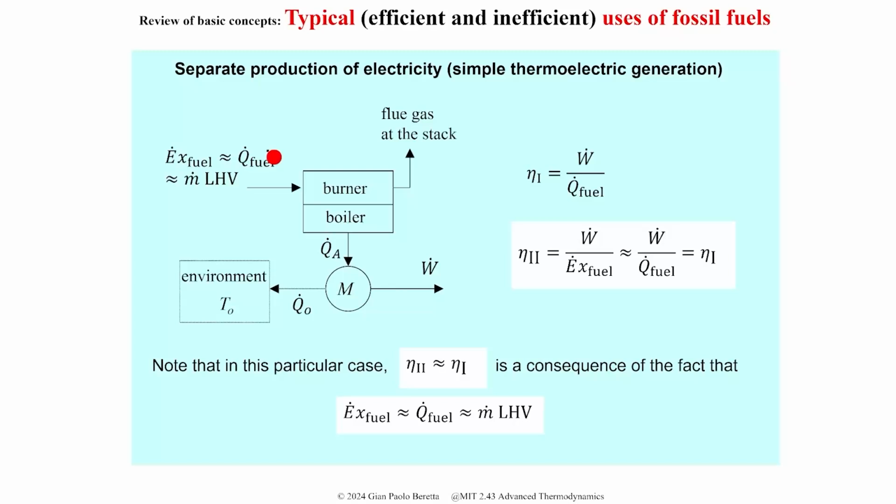So energy and exergy content are very similar, of the order of plus or minus 2%, depending on the hydrocarbons. So this is a fair approximation in practice. So you use this fuel, you burn it, you obtain these products of combustion, and then you transfer the heat from the products of combustion to a working fluid of the thermal cycle.